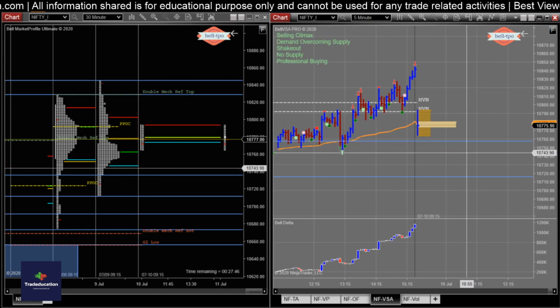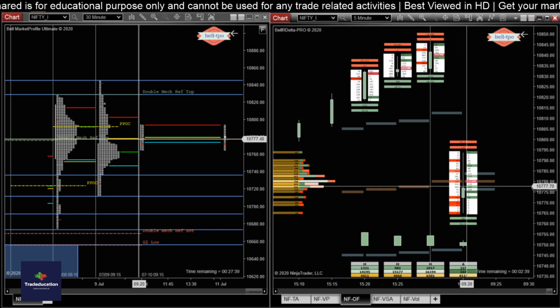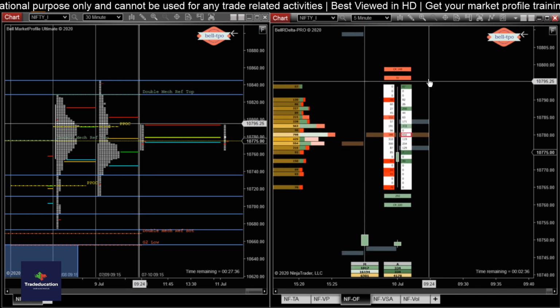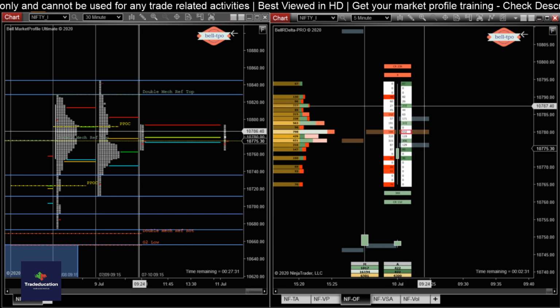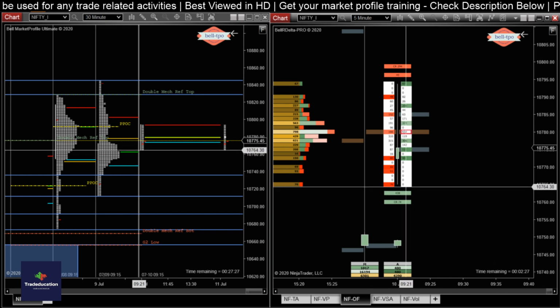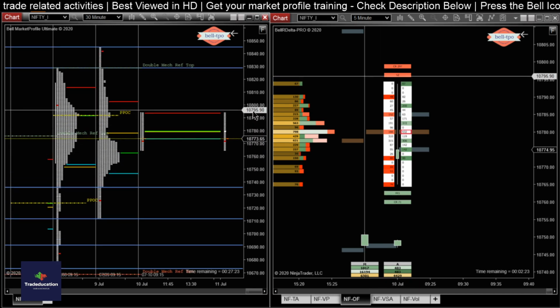Okay, so odds are more that we will see the auction going below. Let me maximize this. So less buyers, less sellers overall. So the COT selling is less, but COT commitment of traders or buyers is more. So let's see where the auction goes.